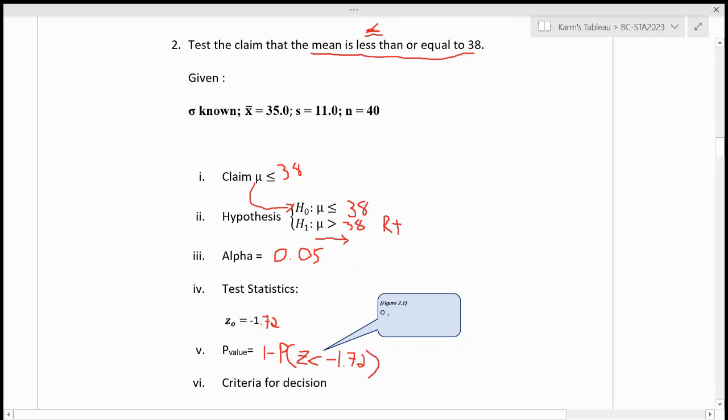Okay, again, I'm just writing it up for you. It's 1 minus P of Z less than z sub 0. Okay, because it's on the right, it's a right tail.